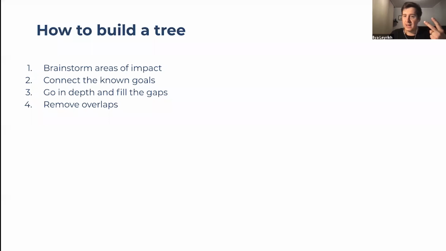Second, connect those known areas and goals together. Third, go in depth and fill the gaps between them after you connect them, so find those gray areas that you've missed. And fourth, remove overlaps. Let's go through those step by step, one after another.